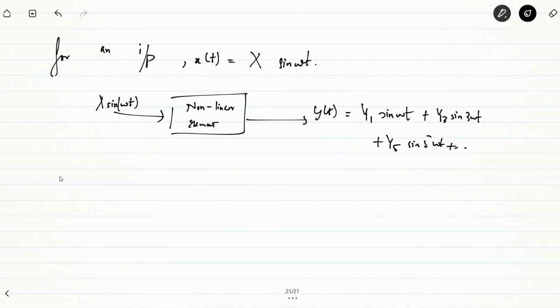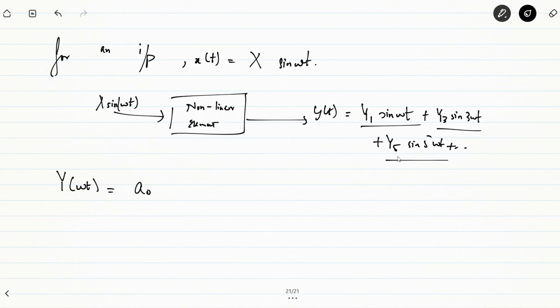In other words, we can therefore write y(omega t) equal to, as we know from the Fourier analysis, fine. So we are actually applying a sinusoidal input to this nonlinear element. Since this nonlinear element contributes to various harmonics, the output will be the summation of the various harmonic components: the first harmonic, the third, the fifth, the seventh, and so on.